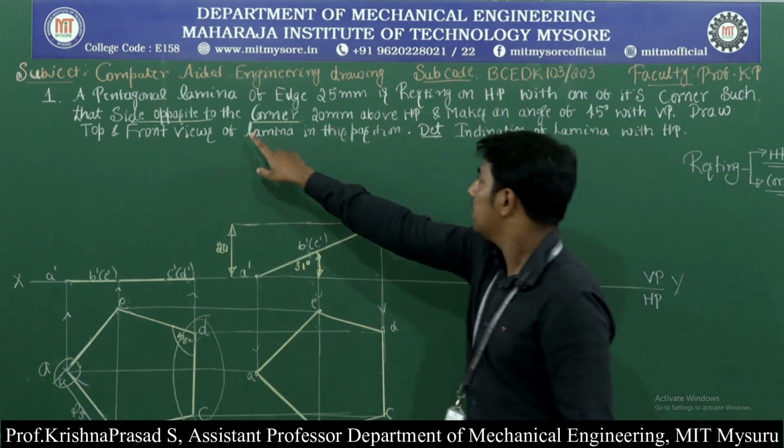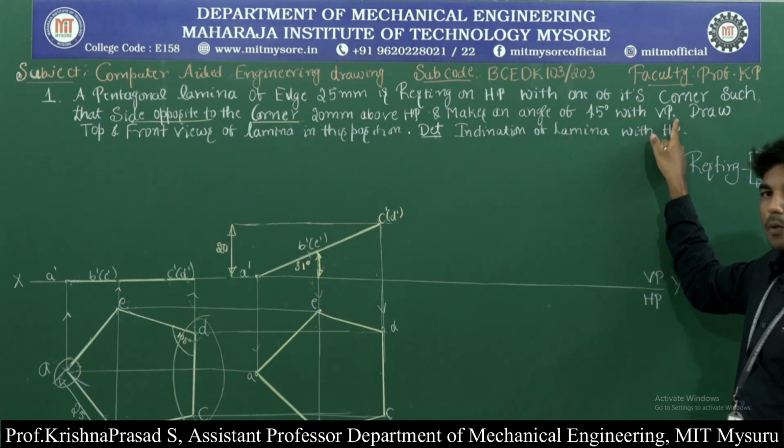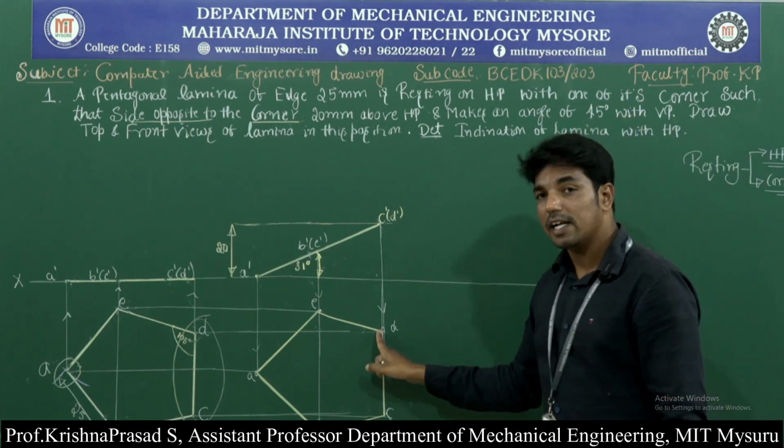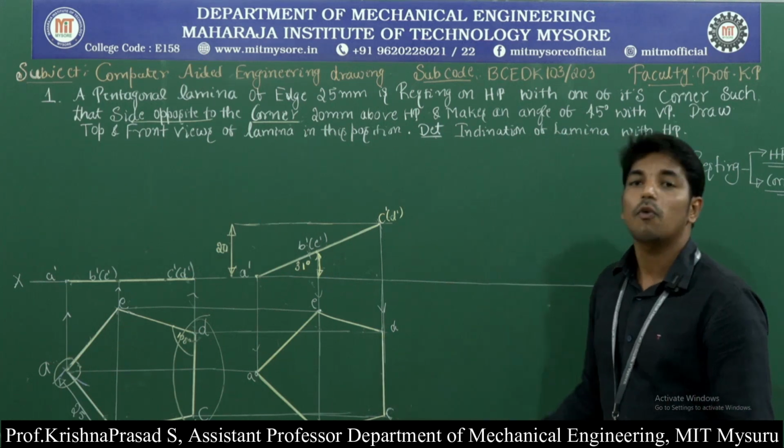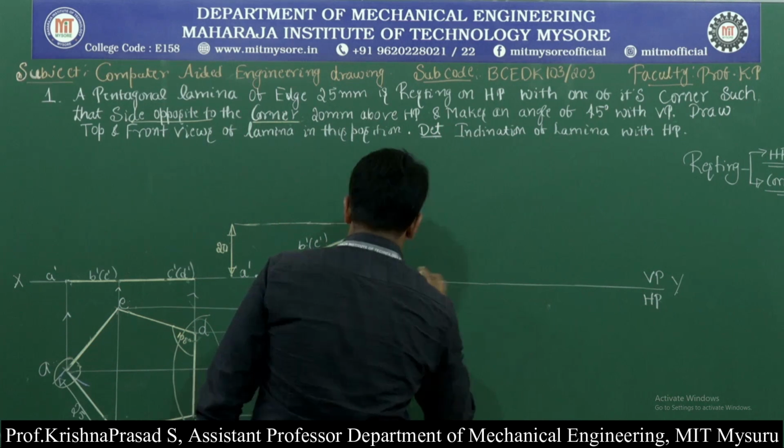Next, the same side opposite to the corner makes an angle of 45 degree with VP. Okay, now we need to incline this side DC at 45 degree to VP. For that, keep the point here.